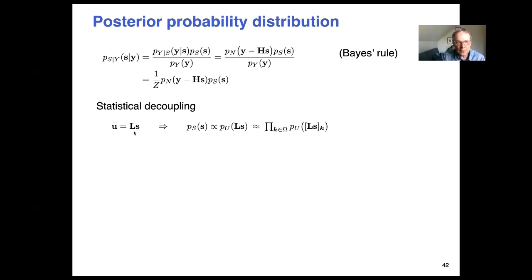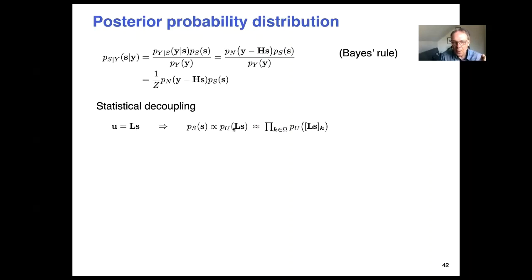Now, if we apply a transformation L to the signal that is able to decouple it by doing this innovation, then we know that the probability of the signal is proportional to the probability of the innovation, because they are related by a linear transformation.